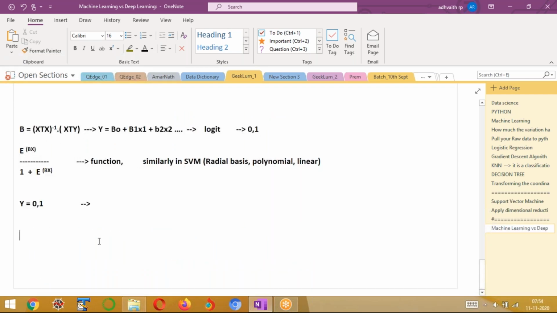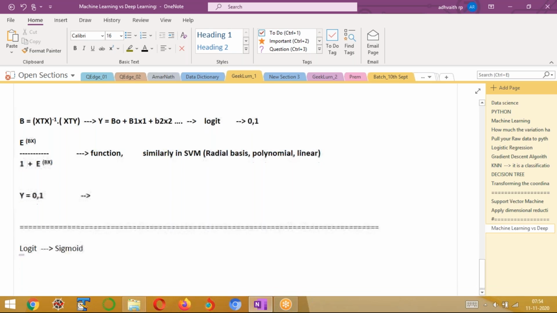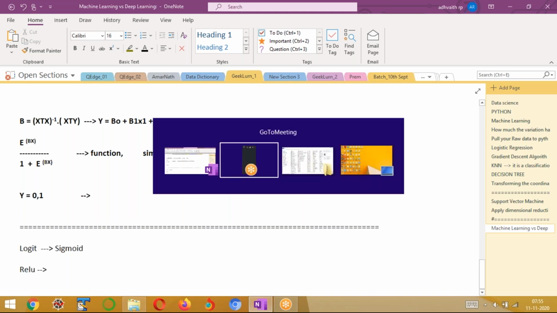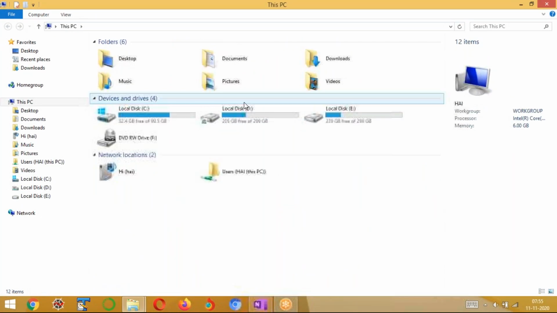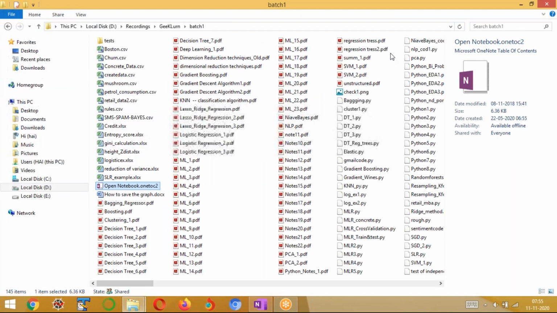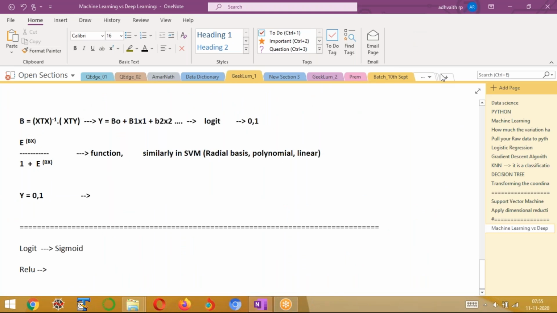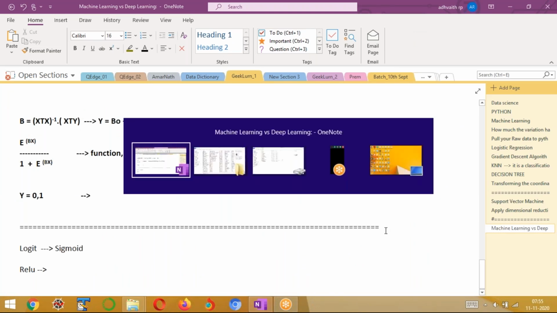All right, now come back. So what are the functions that we have here? This logit will be called here as sigmoid. Like that, we have ReLU. Okay, let me open my page.